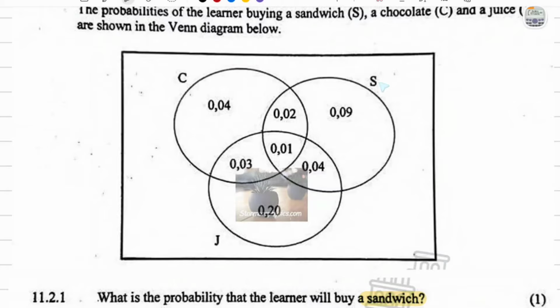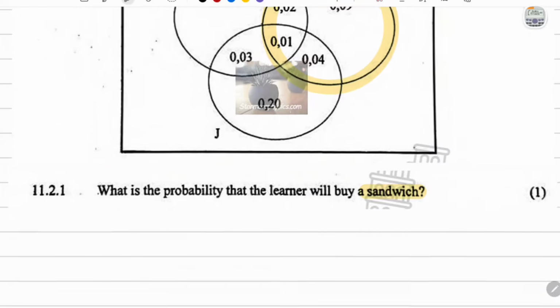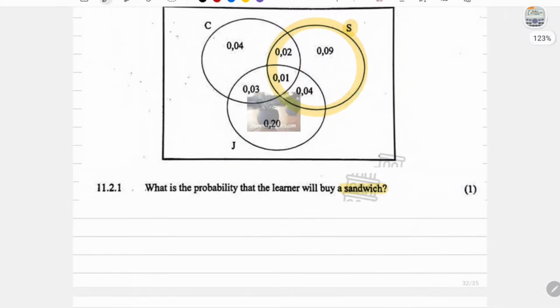So when you're looking for a sandwich, it would be the entire circle of sandwich, because every probability here includes whether the learner bought a sandwich. Here the learner bought a sandwich and a chocolate, but they bought a sandwich. So that's what we're going to take. We're going to add all of those numbers up, and that should give us our answer.